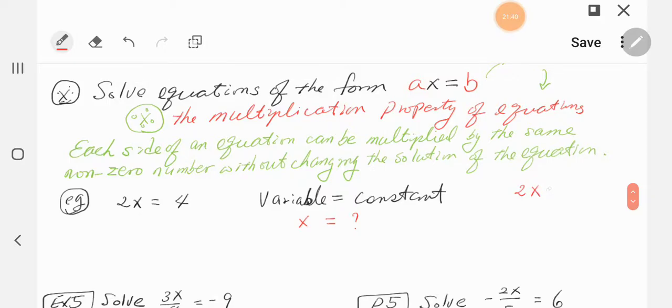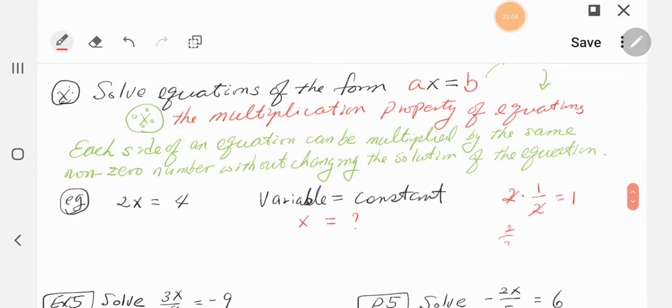What is the reciprocal of 2? It's 1 over 2, right? When you multiply a number by its reciprocal, it always cancels out and becomes 1.